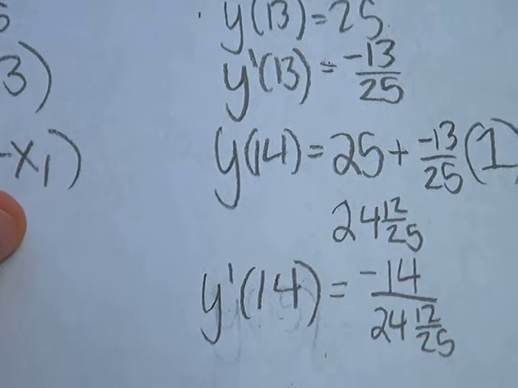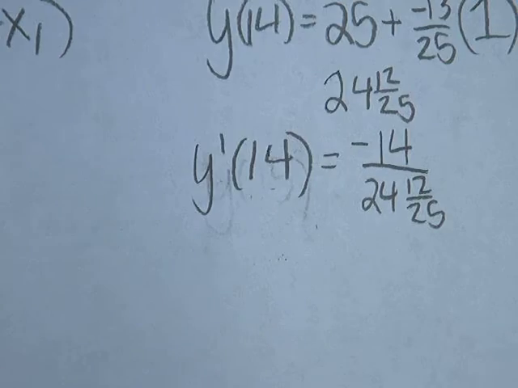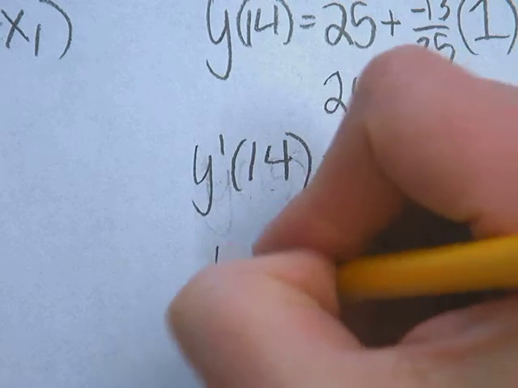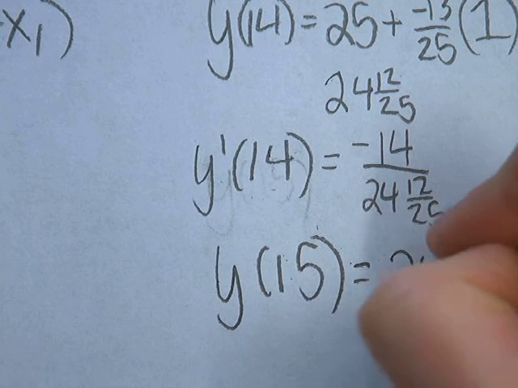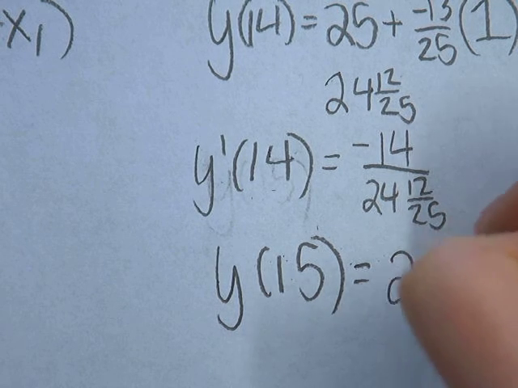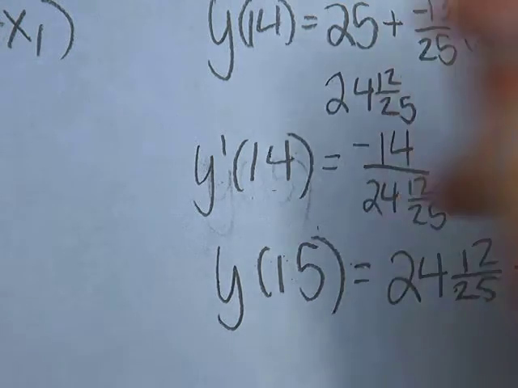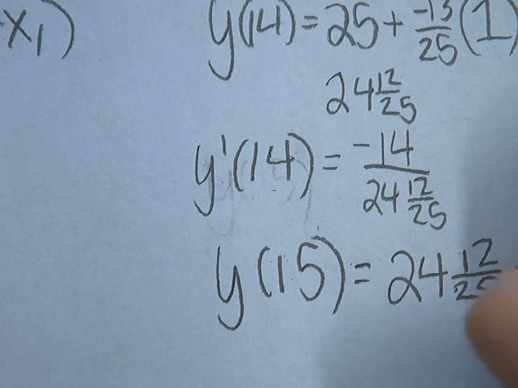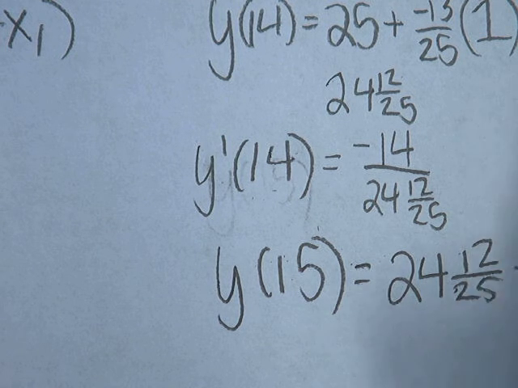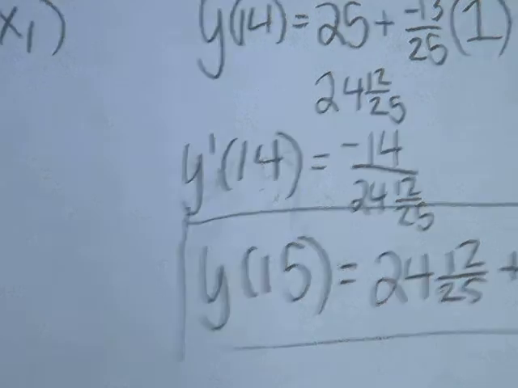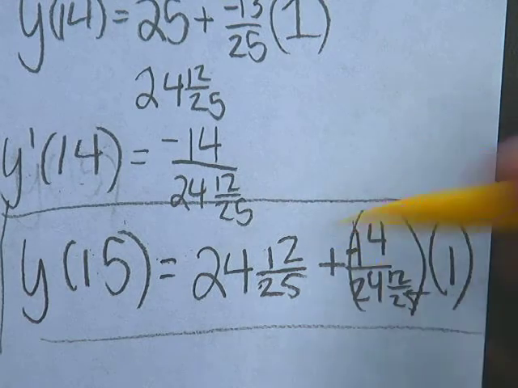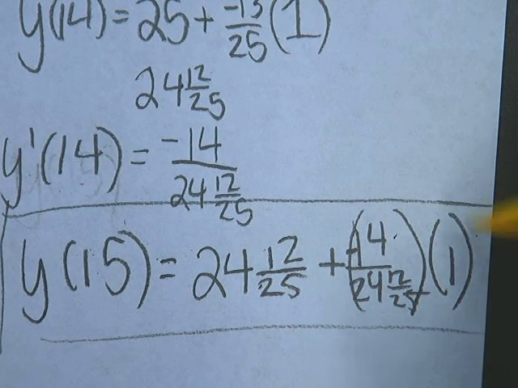You might notice the math is going to get pretty terrible here, but that's okay, because we're just estimating y of 15, which is our previous value plus our slope times 1. And you can just leave your answer like this. That's our estimation. You do not need to simplify beyond what is here, which is our starting value plus our slope times the interval width. And that's it.